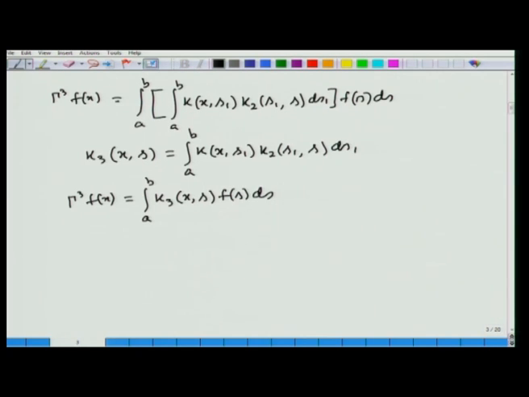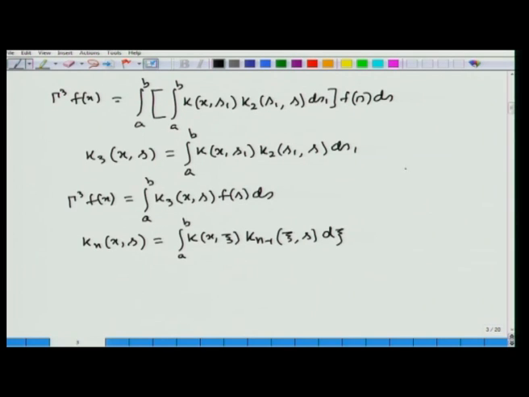So, proceeding in this particular way, we can find the nth iterated kernel Kn(x, s), that is equal to integral a to b k(x, xi) K(n-1)(xi, s) dxi.